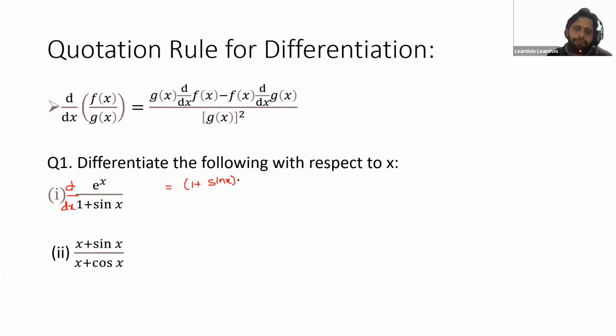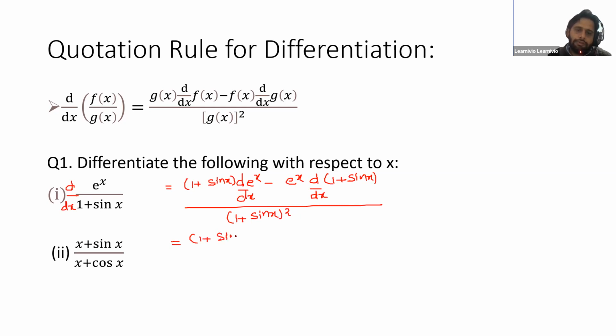Then, as per the formula, we need to differentiate the numerator. What is the numerator? e to the power x, minus f(x), the numerator, differentiate the denominator, that means 1 plus sin x, by 1 plus sin x whole square. Now this is equal to 1 plus sin x. Now the numerator, e to the power x, we have already told you the formula for this is again the exponential function, minus exponential.